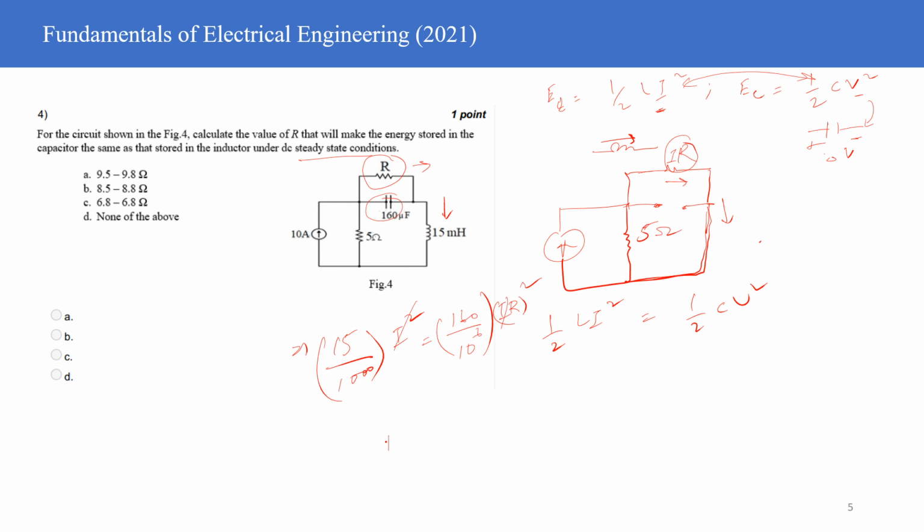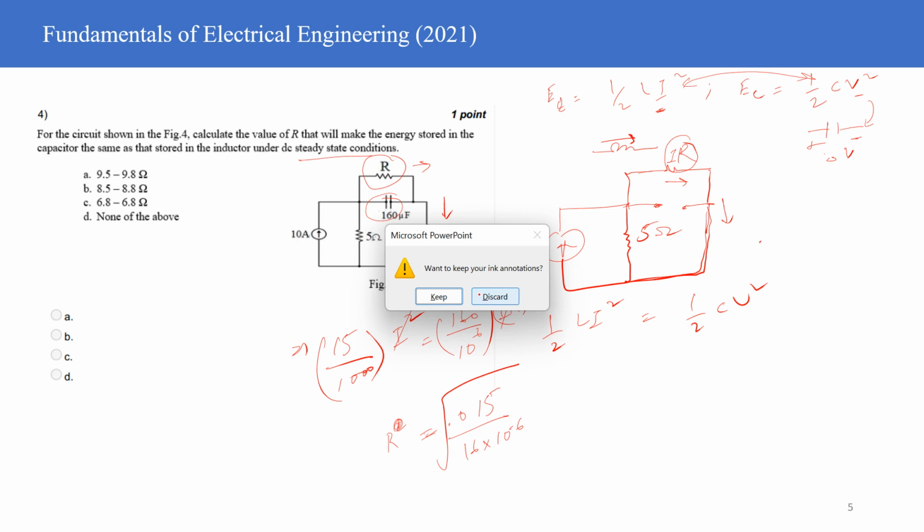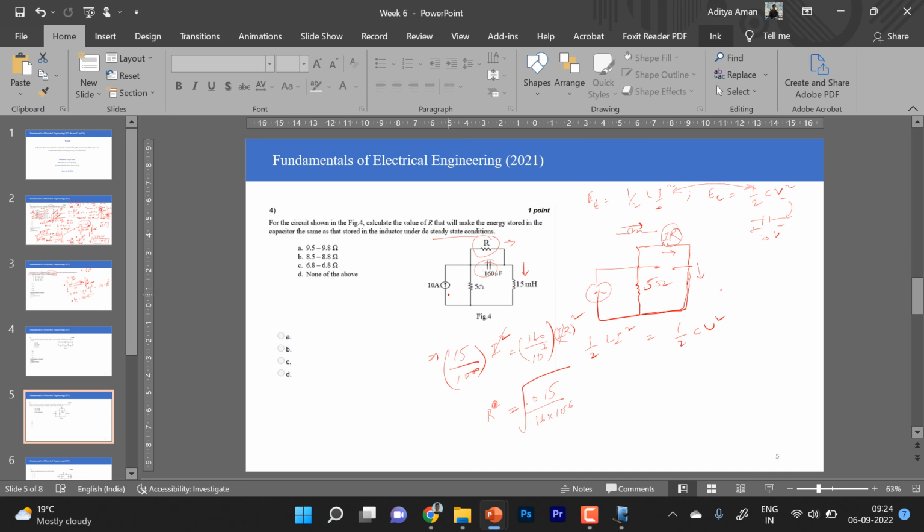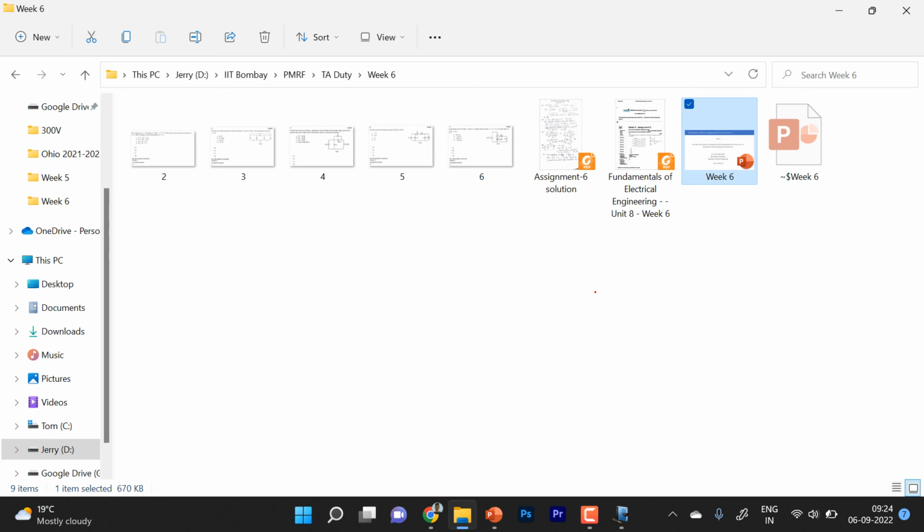You are left with R square equals 0.015 divided by 160 into 10 power minus 6, and this is R square, so R will be equal to the square root of this quantity. So you try to solve this particular square root quantity, and then you will get the answer. I don't remember very clearly what was the value of R, so let me try to see it in the question set which was given to you.